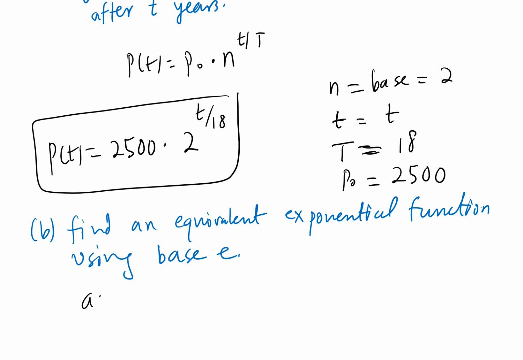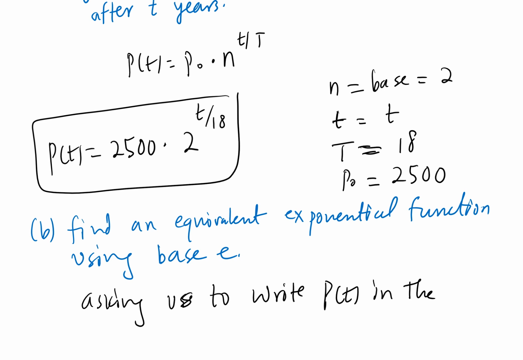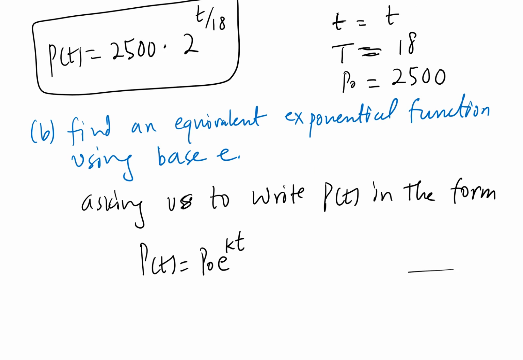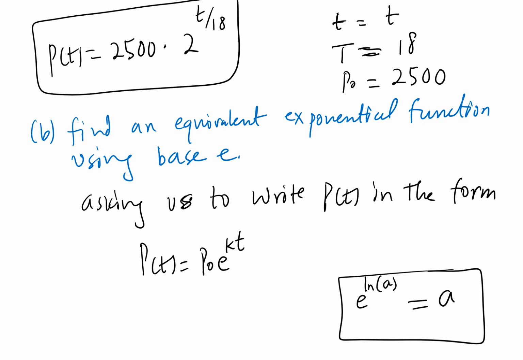They are asking us to write P of t in the form P of t equals P sub 0 e to the kt. To do so, note something here in the box. One of the properties: e to the natural log of anything, say A, is always A. e to the natural log of anything is that thing itself.